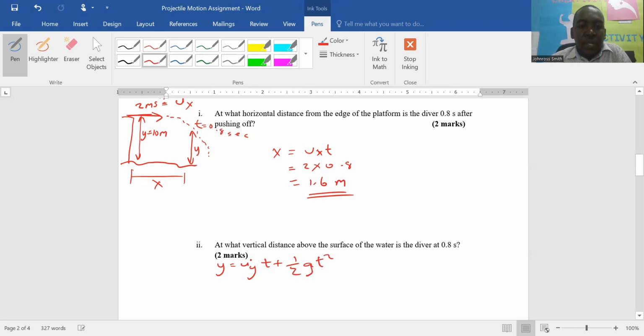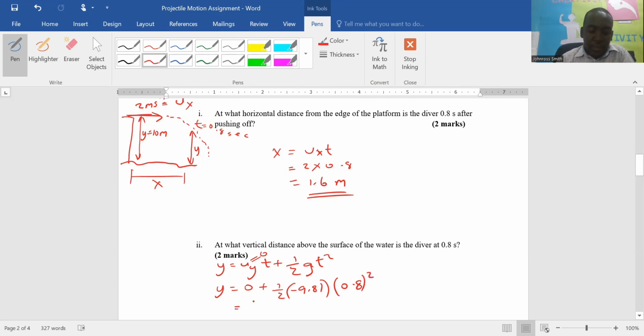Right? Because we know that uy here is 0, because initially he only jumped off horizontally. There was no vertical velocity initially. So if we want to find y, then this is 0 plus half of negative 9.81 times the time, which is 0.8, and we're squaring that time.